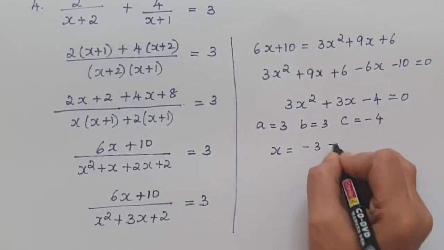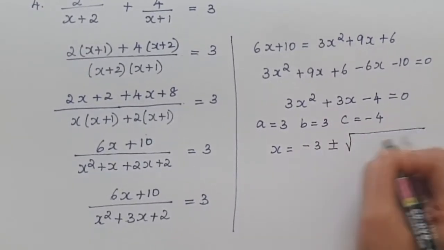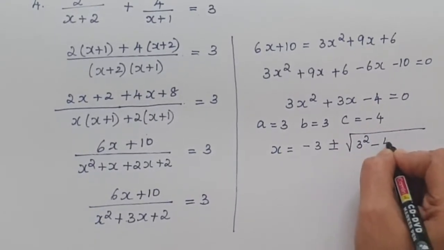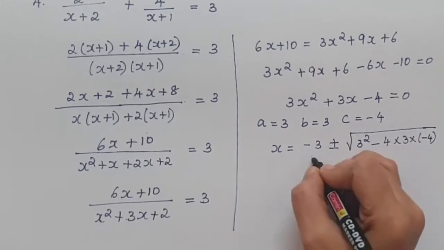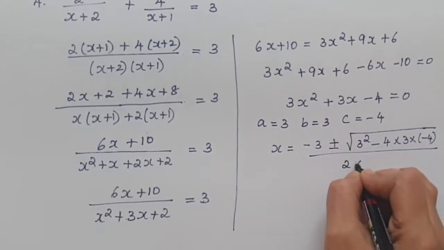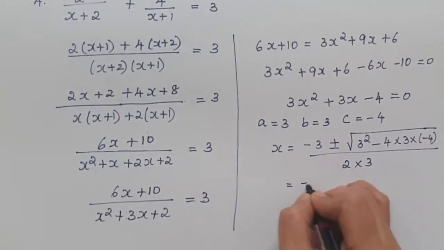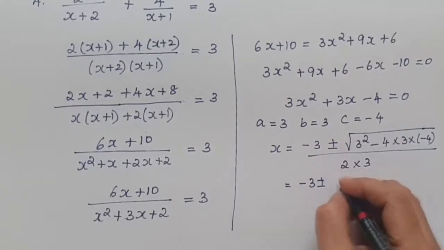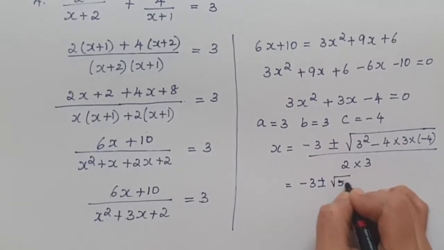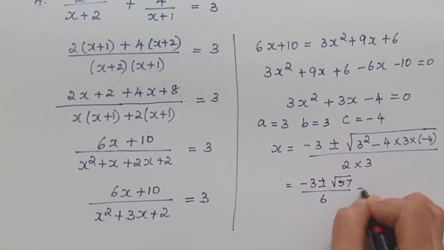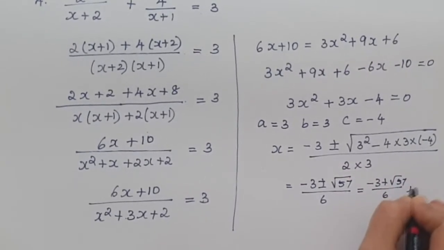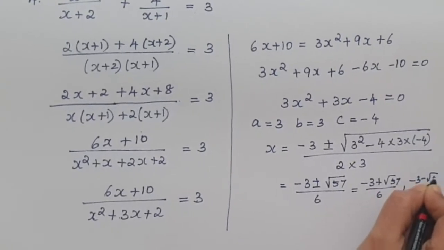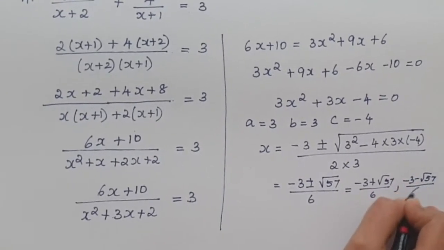So it is minus B plus or minus square root of B squared minus 4 into A into C divided by 2 into A. So this will give us minus 3 plus or minus square root of 57 over 6. That is minus 3 plus square root of 57 over 6 and minus 3 minus square root of 57 over 6.